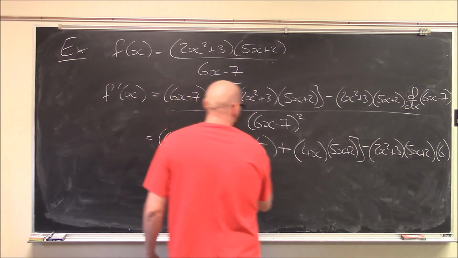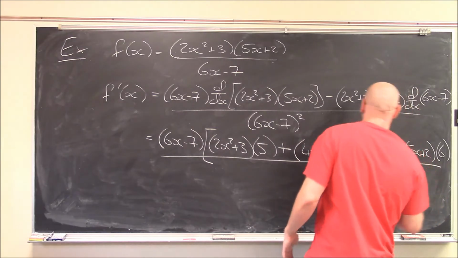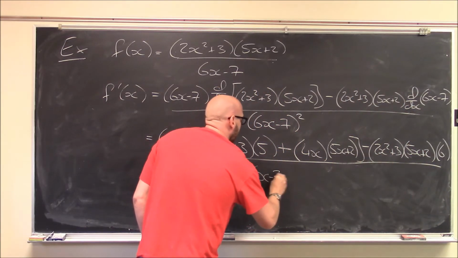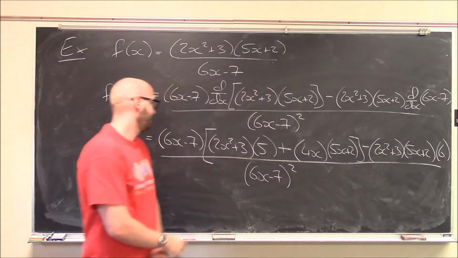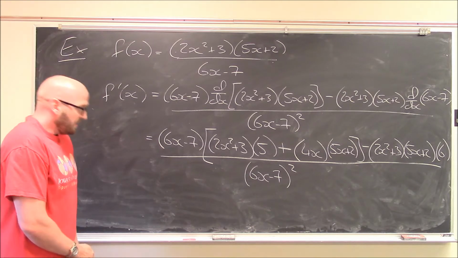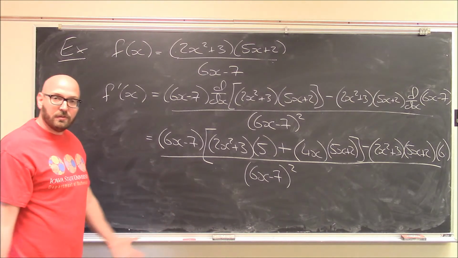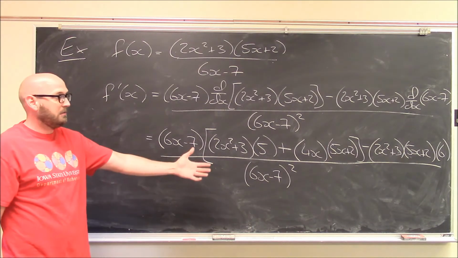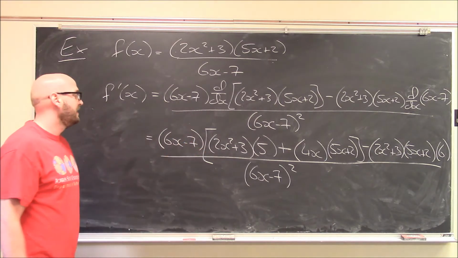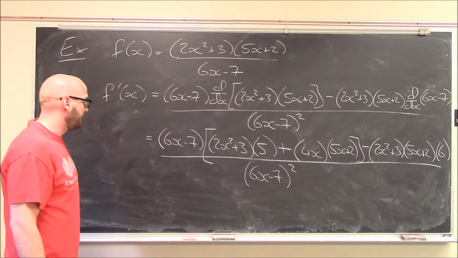All over the bottom squared. And once again, there is the derivative. It's very ugly right now because I haven't simplified, but that's the calculus done. Now we just have to do algebra to simplify this.